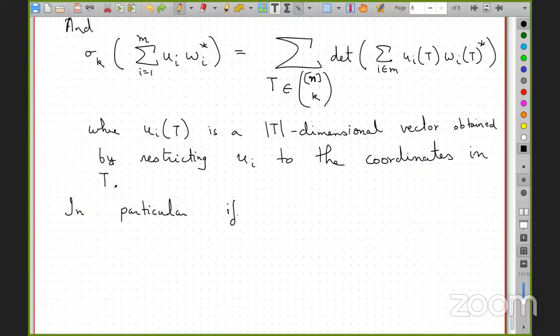So suppose that somehow k was equal to m. So if k is equal to m, each t is of size exactly m. There are m vectors, and each vector is also of size m. Then sigma m, i going from 1 to m.